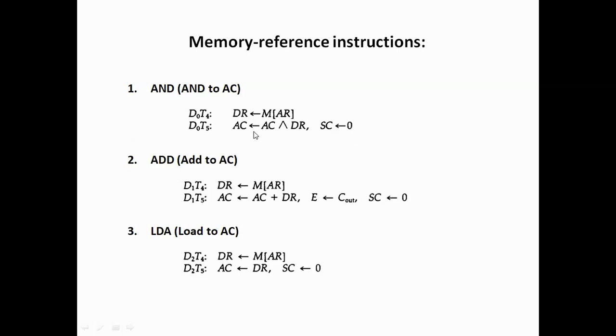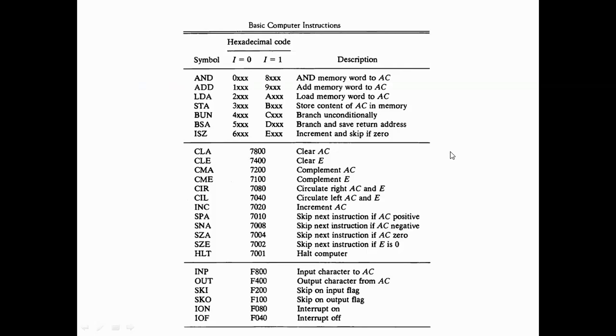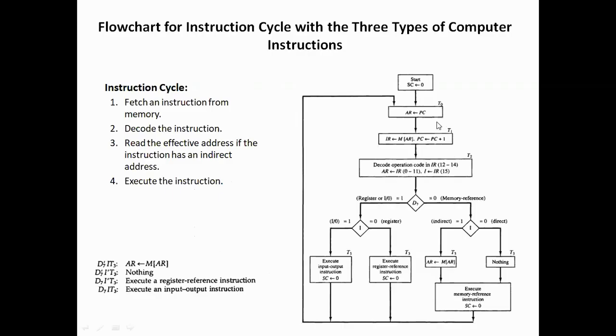And when will these things happen? According to the flow chart that we saw, the execution starts after T3. Since we are executing AND, we can see it here. In this flow chart, we saw that up to T3, the first 3 steps are happening.